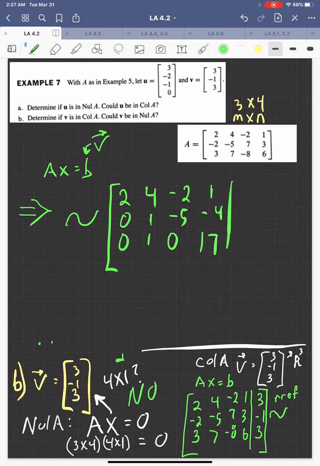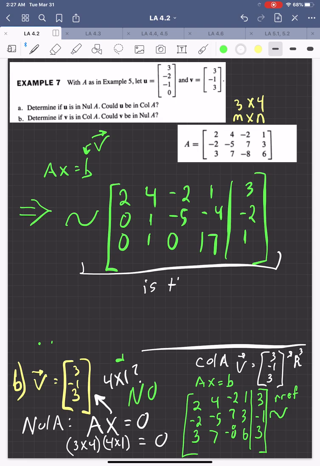As I said, I can't remember how I went through this reduction algorithm, but here's the thing. The only question that you have when you're done reducing is, is the new matrix consistent?